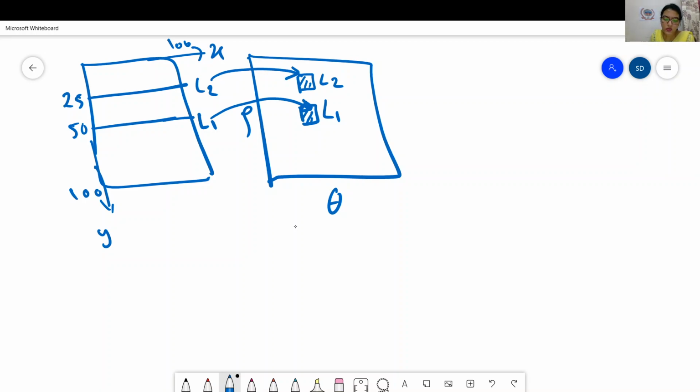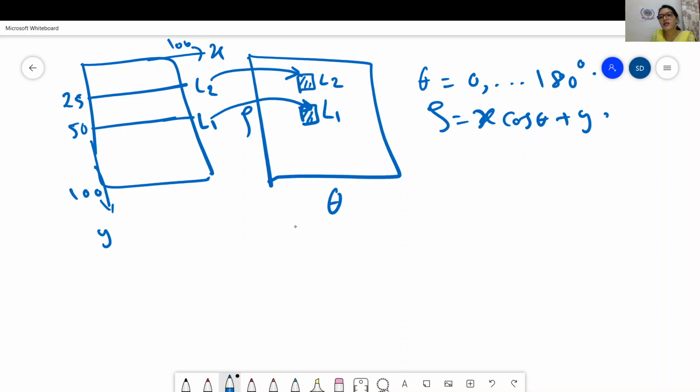So what you will do is take the first point in the line and try theta changing from 0 to 180 degrees. You will calculate the rho using x cos theta plus y sin theta.